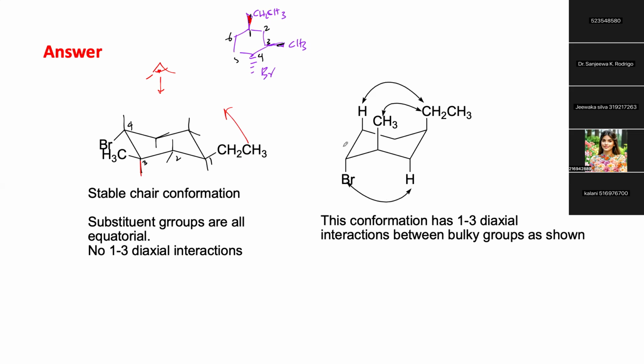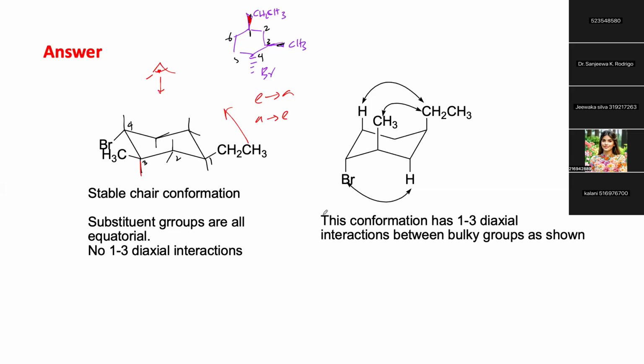And the other chair conformation will have to have the same stereochemistry, okay? Only the skeleton changes. And we know when you flip the ring, during the equilibrium, equatorial become axial and axial become equatorial, right? So that's what happens when you flip the ring during the equilibrium of these chair conformations.